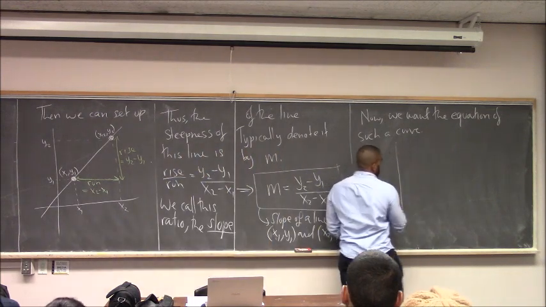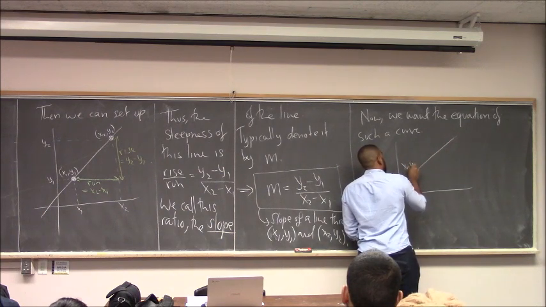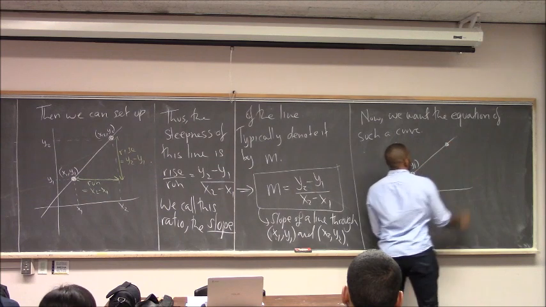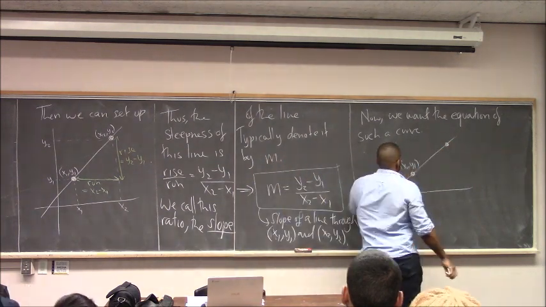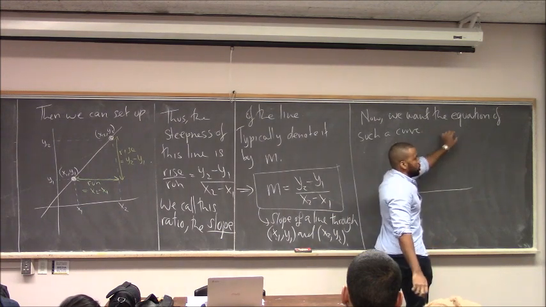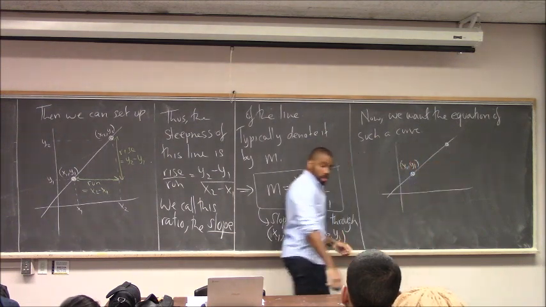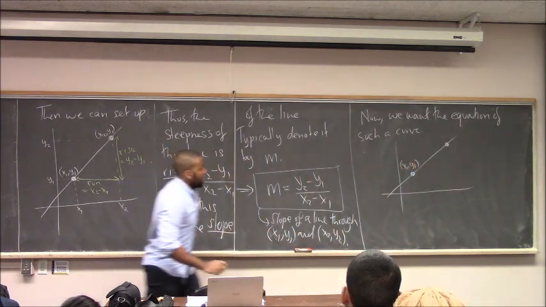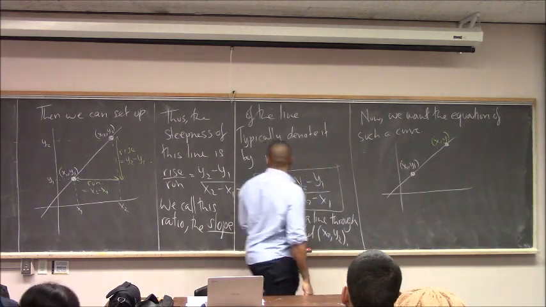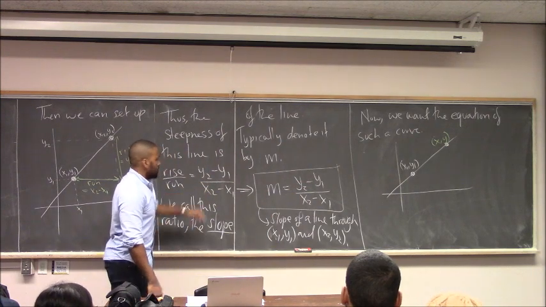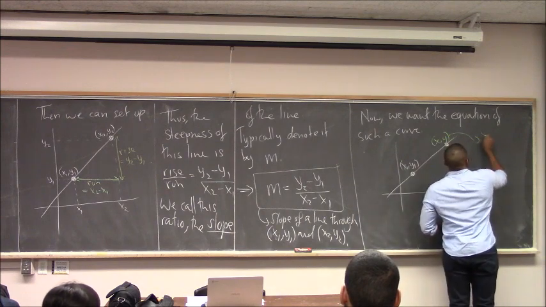We set it up the same way. Suppose it passes through x1, y1. What we're going to do is let this point here be a variable. We're going to imagine that we can slide this point anywhere along this line. So at any point along this line, we can talk about the points that fit an equation. Let's call this x comma y. So not a fixed point, not two. We're letting x comma y vary.